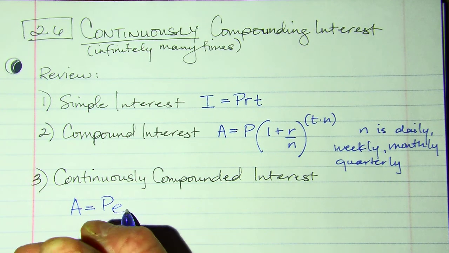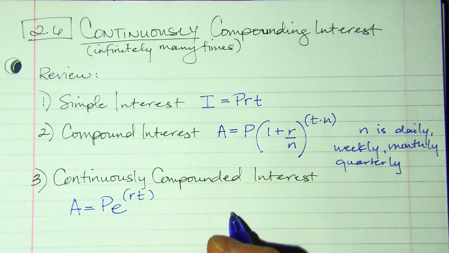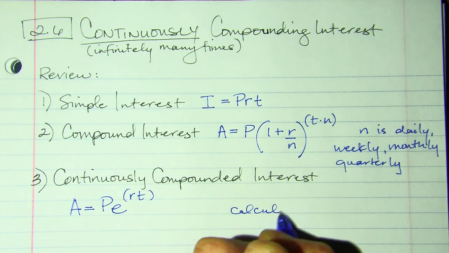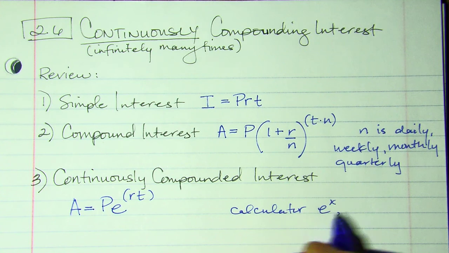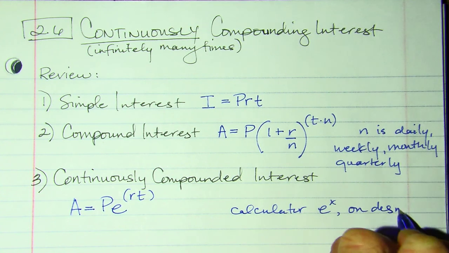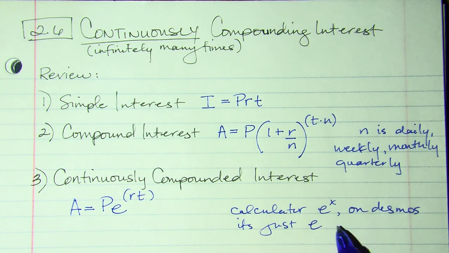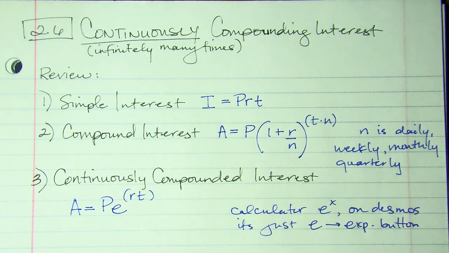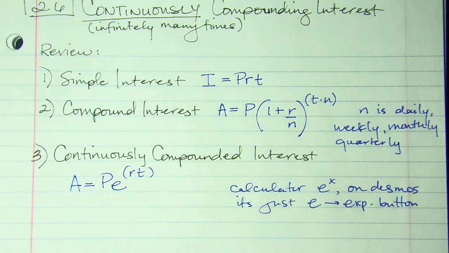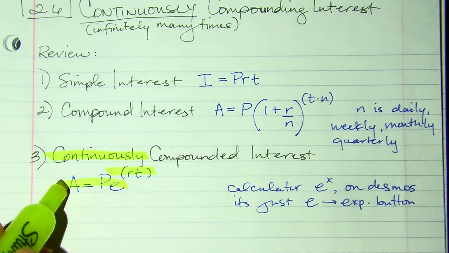P times E to the R times T. So on your calculator, it would look like E to the X. On Desmos, it's just the lowercase e, and then you have to hit the exponent button. But there is an E button. And so today we're going to be talking about continuously compounded interest.